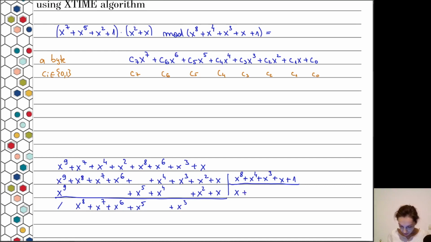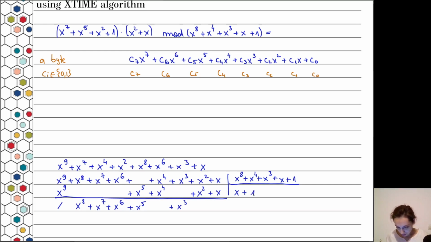So we will have here x powered by 0 because we have 8 minus 8, and we want to continue our computation because we still do not have a polynomial with the maximum degree, with the degree at most 7.